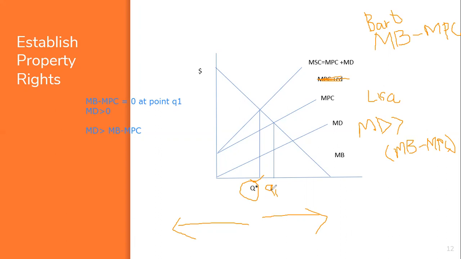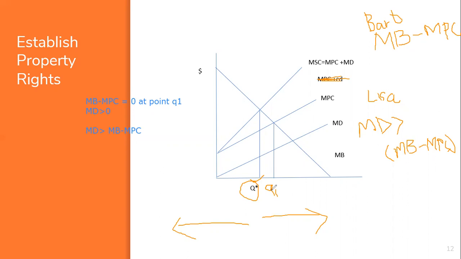Now, suppose the shoe is on the other foot and Lisa is assigned the property rights to the river. The bargaining process now consists of Bart paying for Lisa's permission to pollute. Lisa is willing to accept some pollution as long as the payment is greater than the marginal damage to her fishing enterprise.